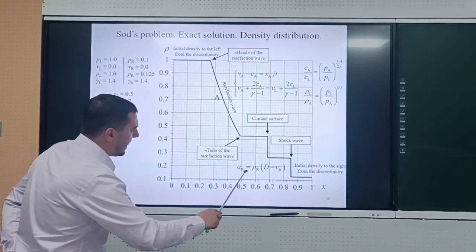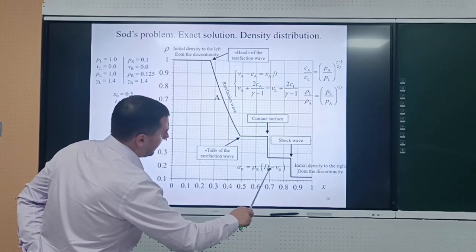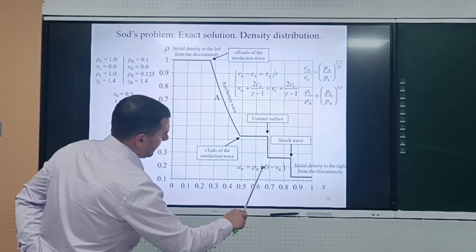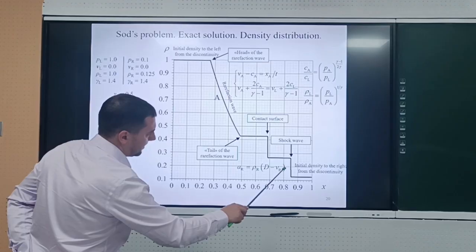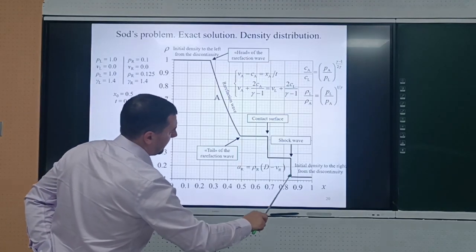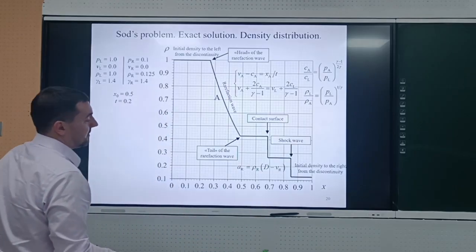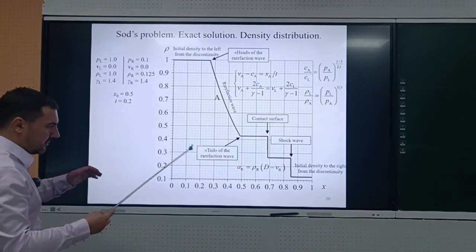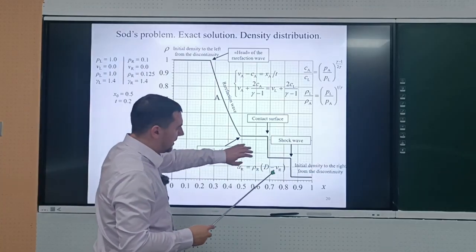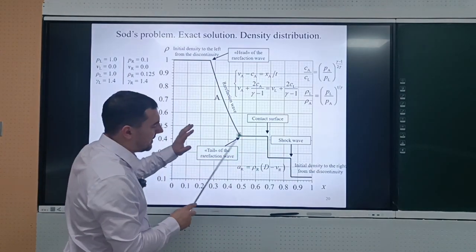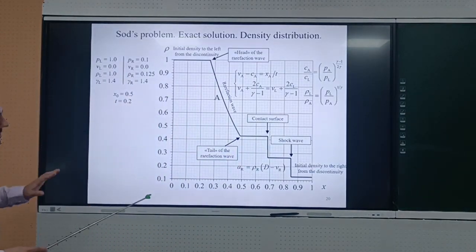We know that AR is rho R times D minus VR. We can find D from here. D is the velocity of the shock wave. We know the parameters in front of the shock wave, we know the speed of the shock wave, we can find the density behind the shock wave, and that's it. So the message is that if we know the parameters at the contact surface, we can find everything else. So the problem is solved.